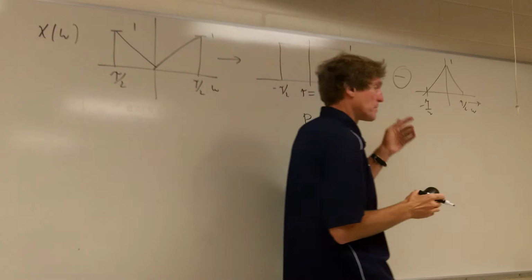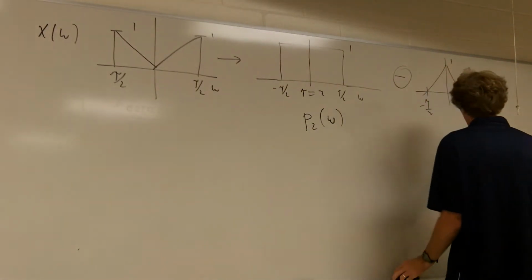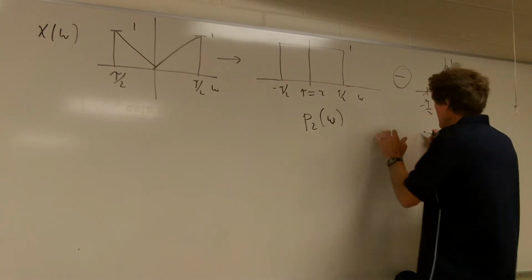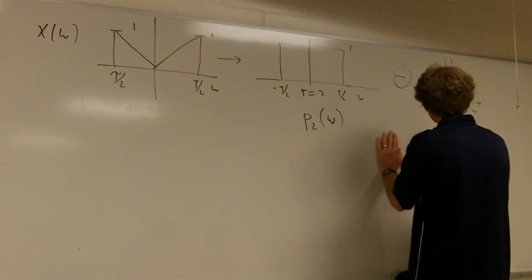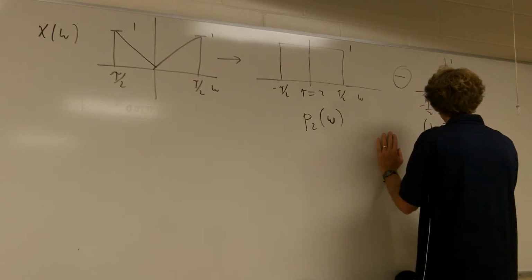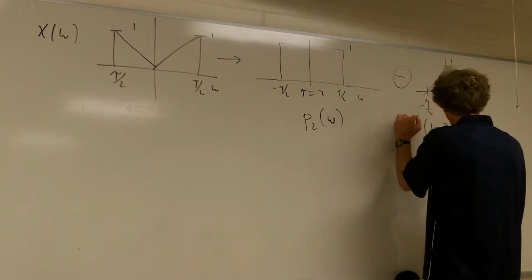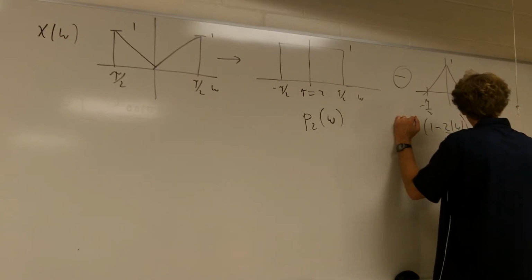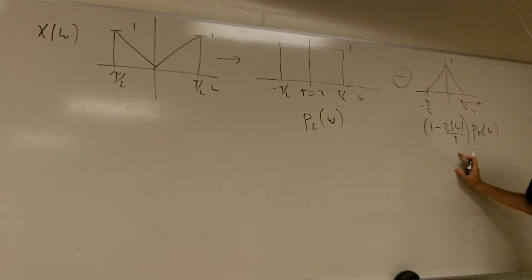What about this one? Now, this one would be a triangle, right? This one's a little more work, but it's still the same form. Mathematically, this one is going to be 1 minus 2 magnitude of omega divided by the width of tau, times the pulse of tau of omega. Do you agree?